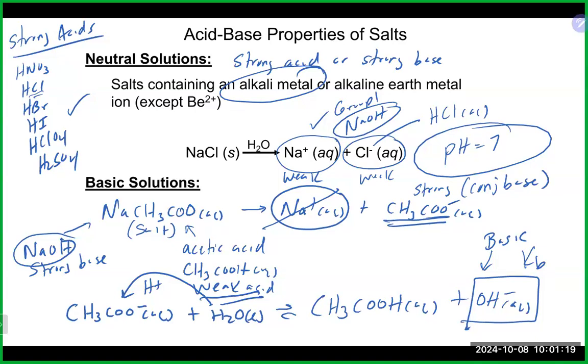We would need to make sure that we got it to the Kb value. The deal here, though, is when we solve for X, X is going to equal the hydroxide concentration. So that will allow you to get the pOH, and then you would have to get the pH. So we can't get the pH directly from that calculation, but we can get the pOH and then get to the pH. Any questions on that? Okay.